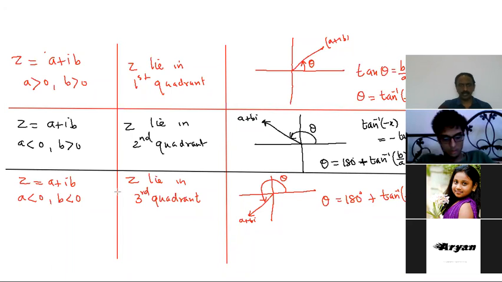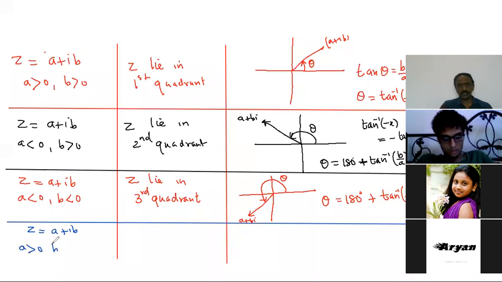Yes, sir. Okay. Now we come to the last case, that is when in fourth quadrant. How do you decide it's a fourth quadrant? A is positive and B is negative. So Z will lie in fourth quadrant. If it is in fourth quadrant, my diagram would be like this.